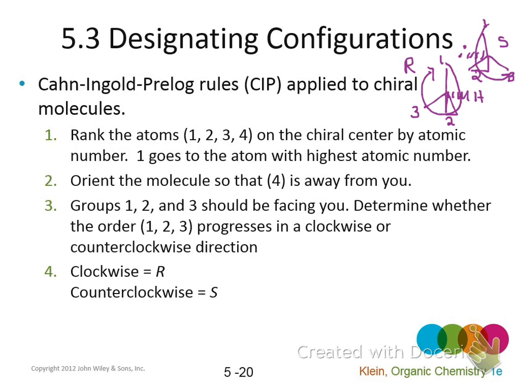Which way is that turning? Clockwise, right? If that was your car and you turned the wheel, which way would you go? Say right, please. Yes, you'd be going to the right. So when you're looking at it and 1, 2, 3 is turning to the right, it's R. If it's turning to the left, it's S.